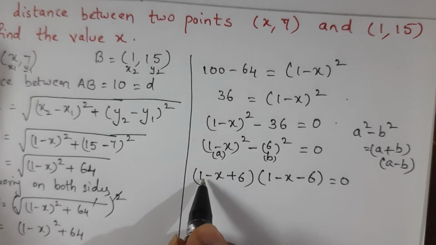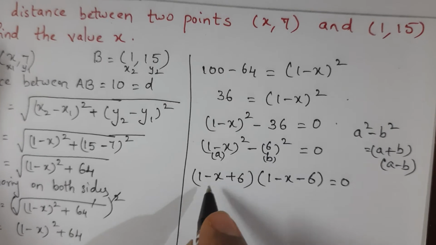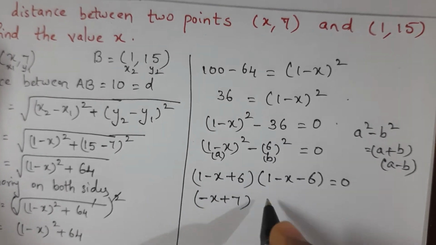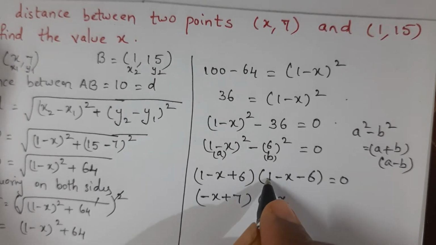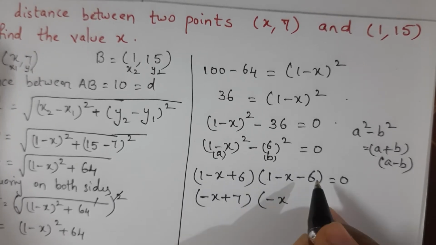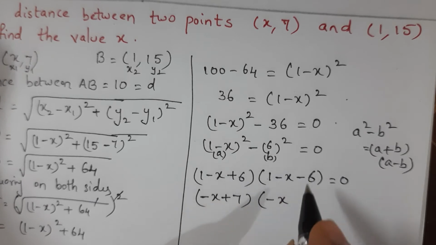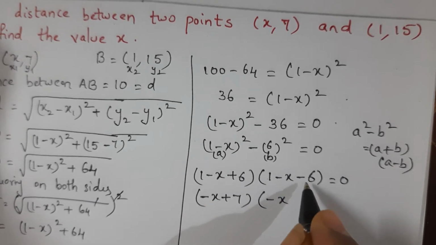Now plus 1 and plus 6, it becomes minus x plus 7. Next minus x 1, this is plus 1 and this is minus 6. Opposite symbols, so we have to do subtraction. 6 minus 1, it is 5, and the symbol of the larger number 6 is minus.